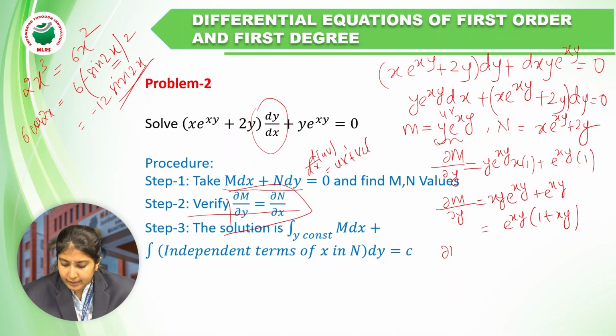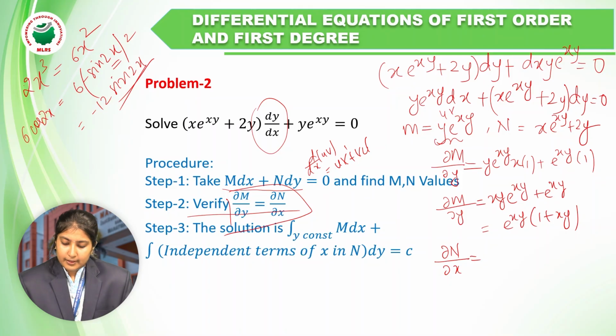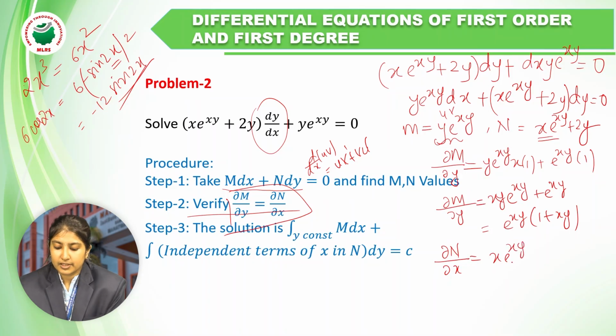Next, ∂N/∂x. Again the variable changes. Here my differentiation is with respect to x. So taking N, differentiate it with respect to x. Again here I am having two terms, so I have to perform uv again. So x into e^(xy). Remember here my differentiation is with respect to x, so y will be constant.